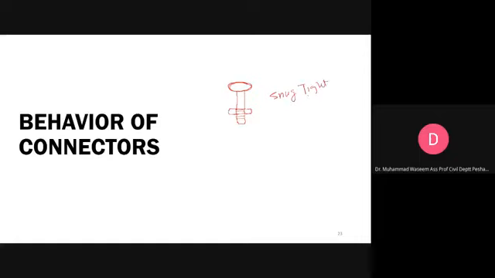Snug tight condition is when the nut cannot be removed by hand, only by a wrench.